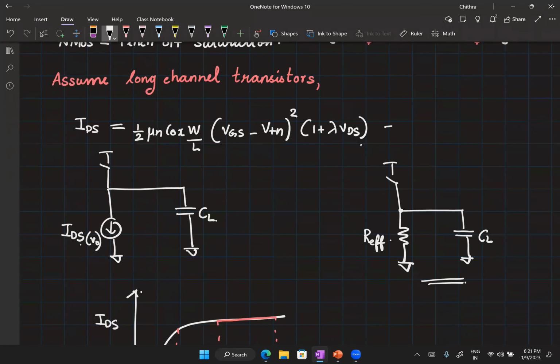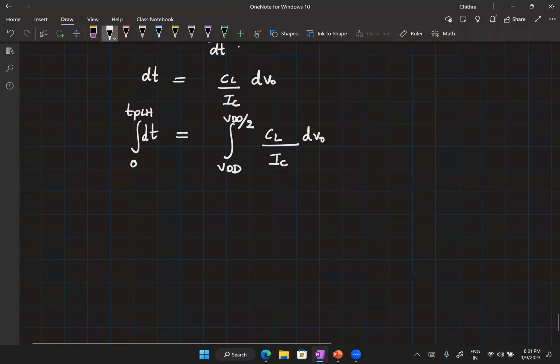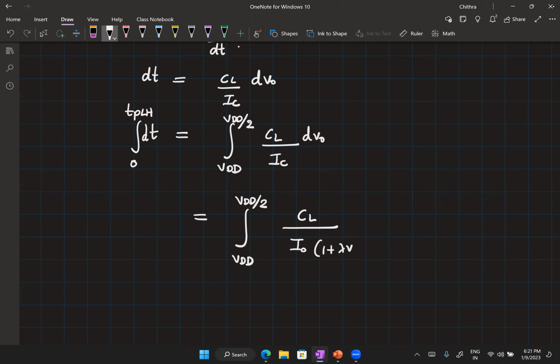So this equation, for ease of analysis, I'm going to simplify this as a part that doesn't depend on VDS or our V0, into (1 plus lambda V0). So now I can write this as VDD to VDD by 2 into CL by I0 into (1 plus lambda V0) into dV0.